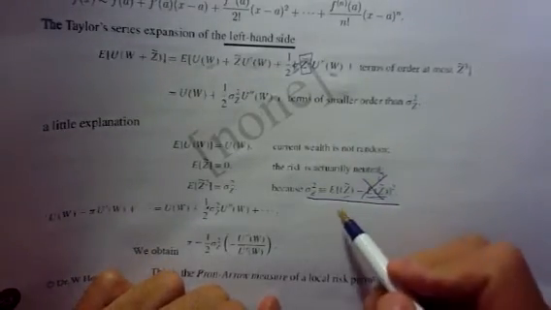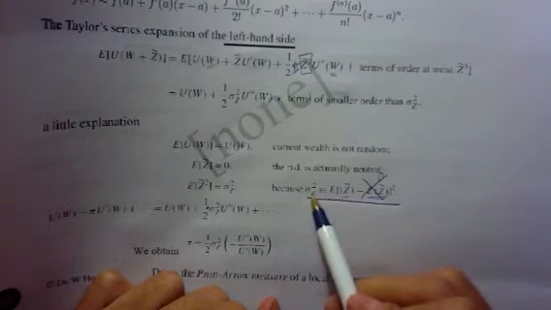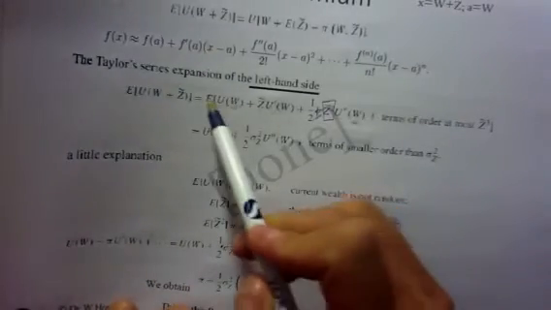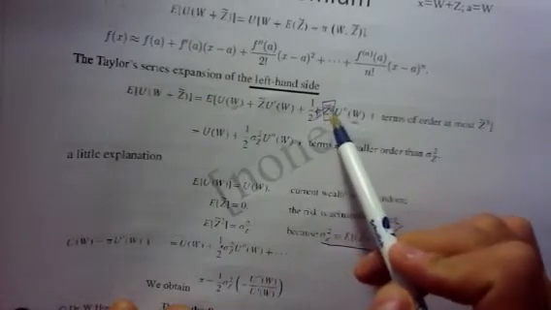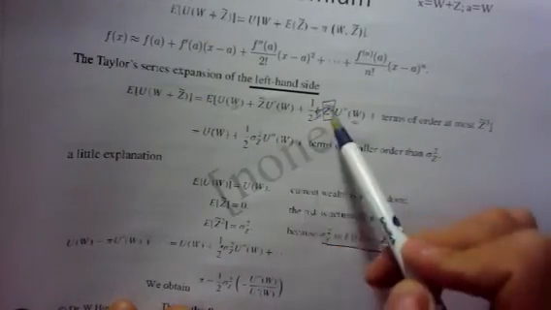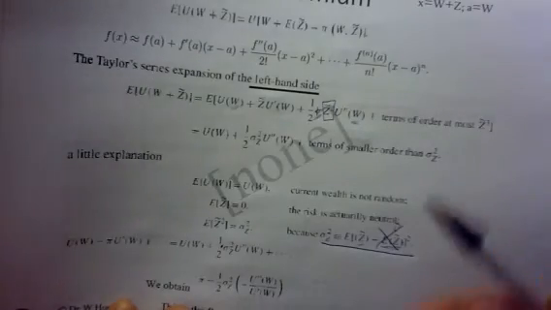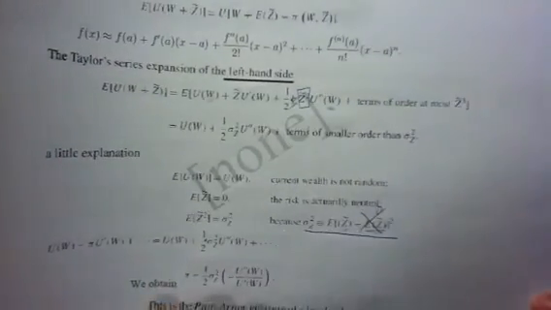So this term is gone. So the variance equals the expectation of that square. But here we have the expectation of that square, right? So we can rewrite that as the variance, which is the standard deviation to the power of 2.